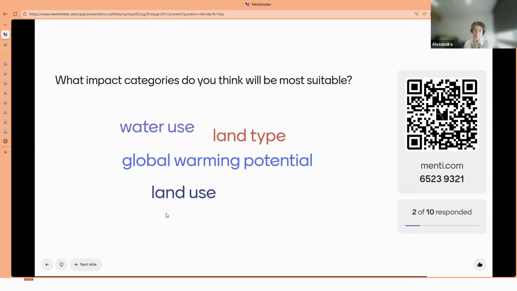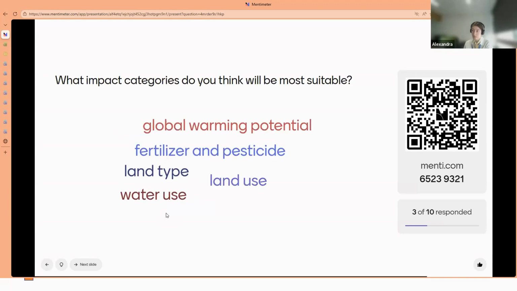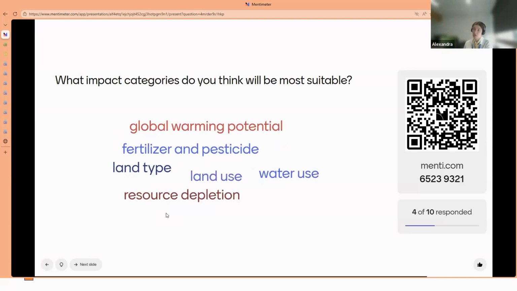Maybe the use of fuel oil, fertilizer and pesticides. This would usually be in acidification or soil pollution, terrestrial acidification. It is not measured by itself.